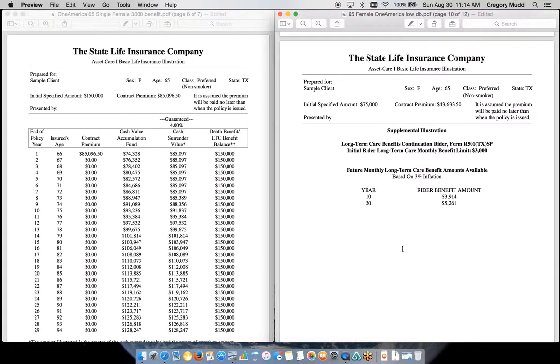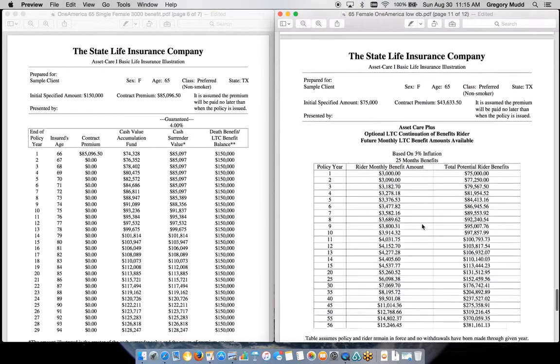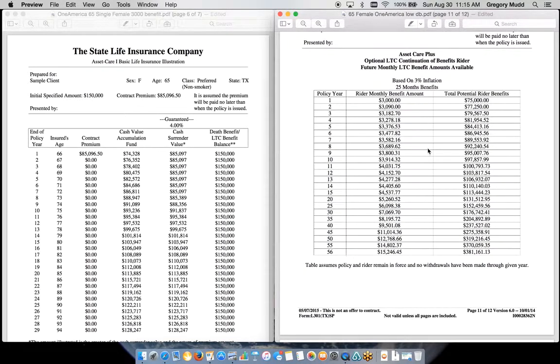The next page shows what the future value of our rider would be because we have 3% inflation. In year 10, instead of $3,000 a month, it would be worth $3,914 a month, and in year 20, the rider would be worth $5,261 a month. This is explained in a little more detail on this year-by-year page, which is page 11, and it shows the same thing.